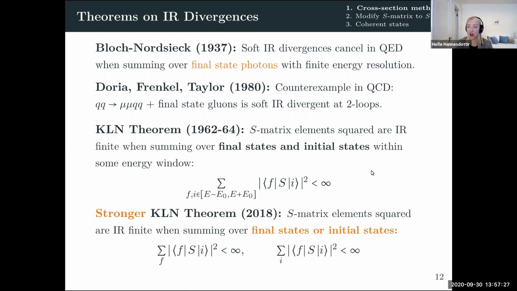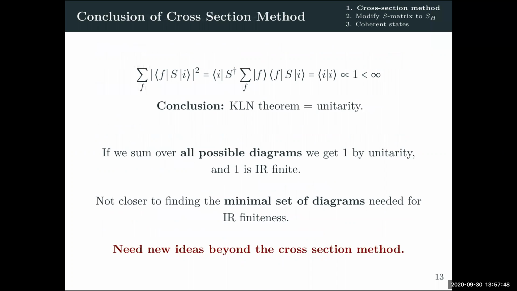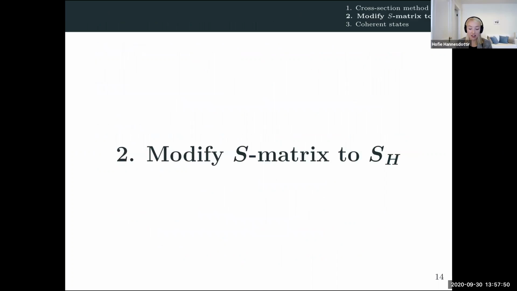But we definitely have other ways of knowing that, and that's precisely what we're going to be using going forward when redefining the S matrix. We're going to use to our advantage that we actually know a lot about factorization and about which processes to sum over to get something IR finite. So yeah, let's talk about that.